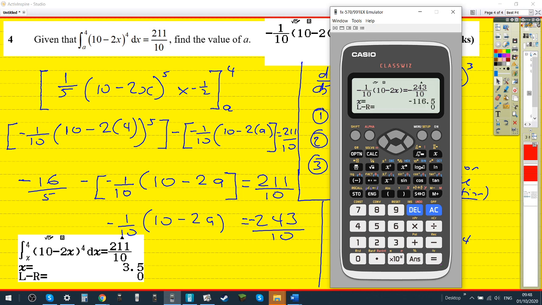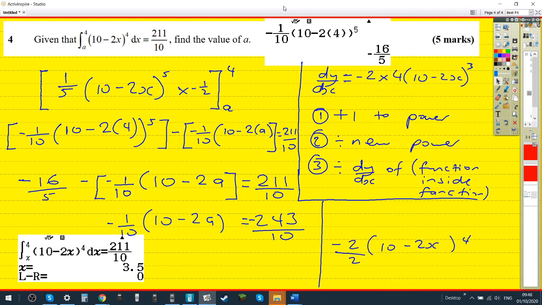No, you're right. Let's think about this. So it's basically that 243 over 2 minus 243 over 2. Something went wrong somewhere. Let's see, it's probably just some little thing.